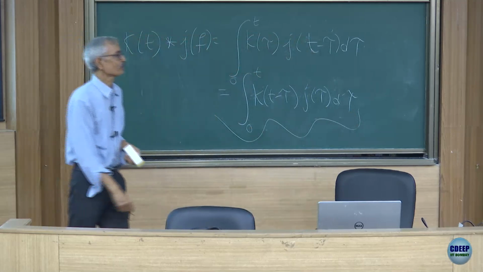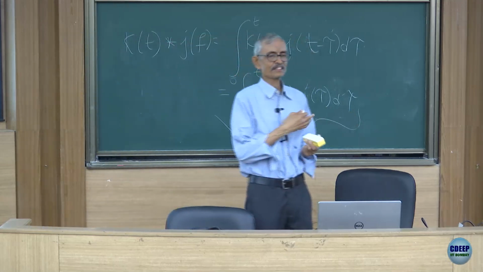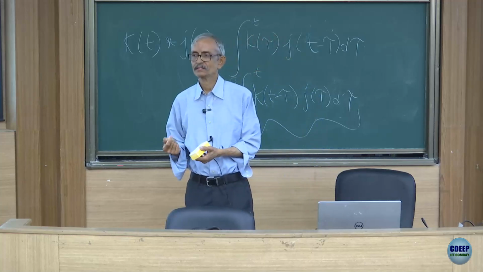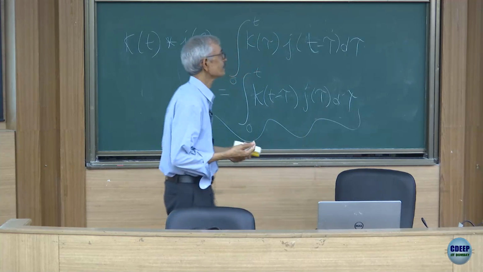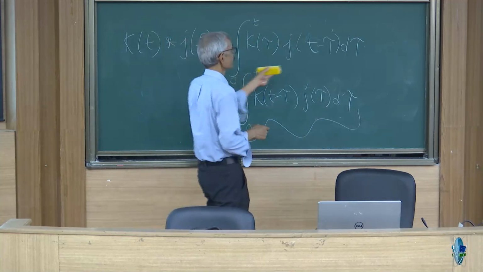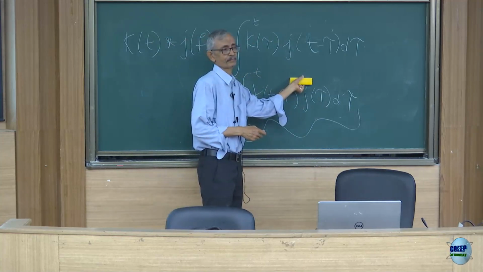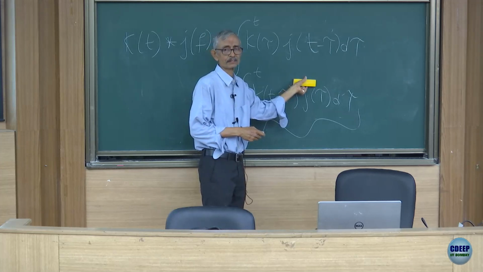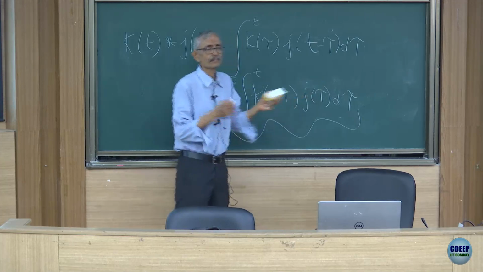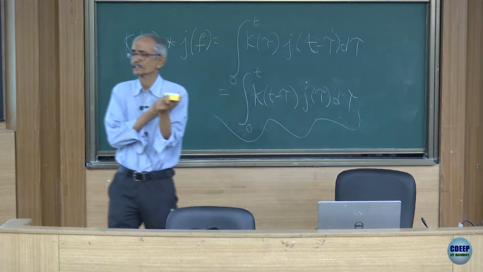So have we seen this type of thing before? Have we seen this, not the operator, but this integral here? Something that looks like this? Yeah, because the previous solution was exactly that, right?